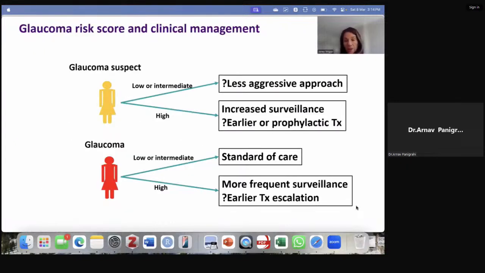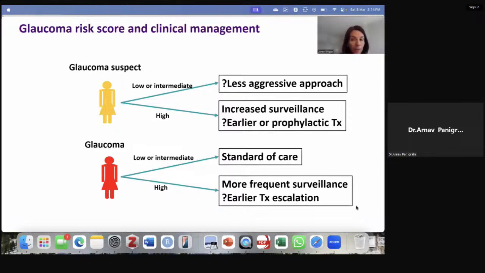So doing this kind of testing on patients with primary open-angle glaucoma can be quite useful. Glaucoma suspects who have low or intermediate scores maybe could be watched less aggressively than those that have high scores, where we would expect increased surveillance and possibly earlier prophylactic treatment. The same is true of glaucoma patients with low or intermediate scores.